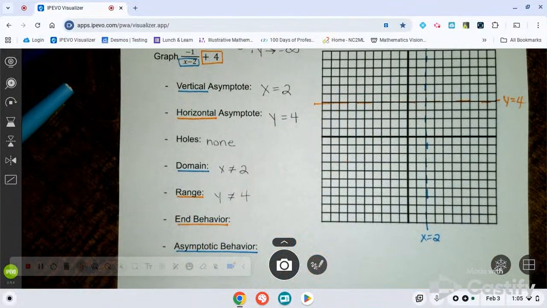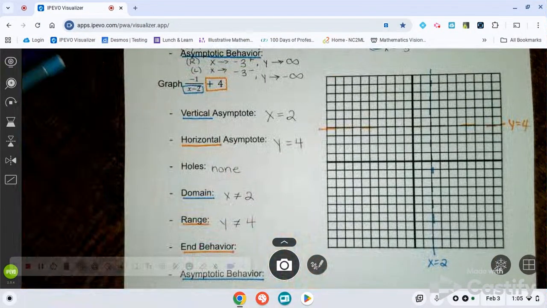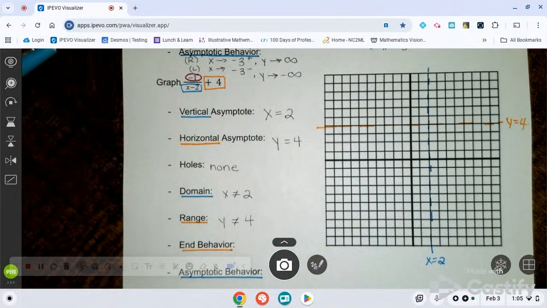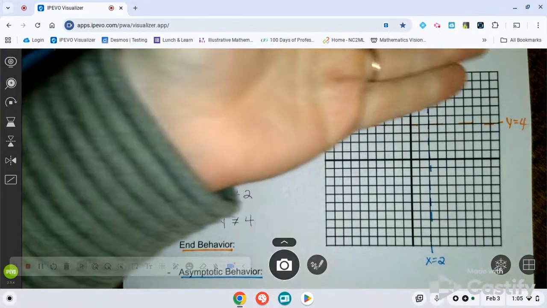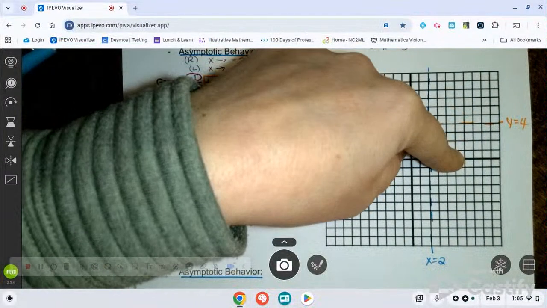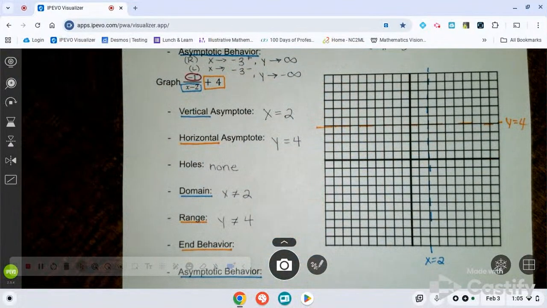Now the only thing we haven't talked about so far out of this is this -1 in the numerator. Since the numerator has a -1, it's going to be reflected or flipped upside down. So instead of living in this part of my graph, it's actually going to be flipped down here.